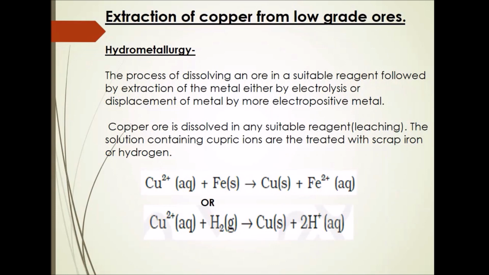So that is why the cupric ions are displaced by using the highly electropositive metal iron, which is highly economical. That is, at low cost, we can displace these cupric ions, forming copper. So this is why iron is used instead of zinc.